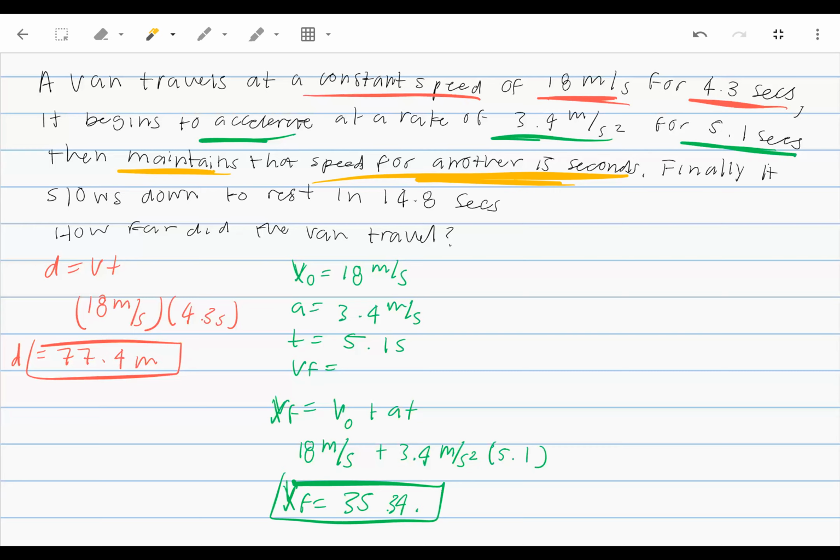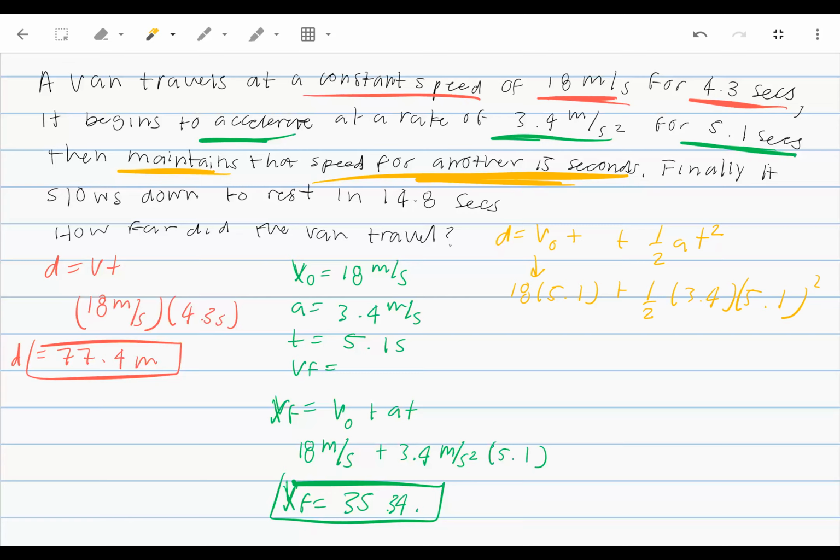So here, let me write this down: d equals initial velocity times time plus 1.5 acceleration 3.4 time 5.1 squared.